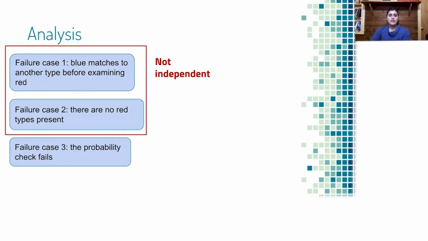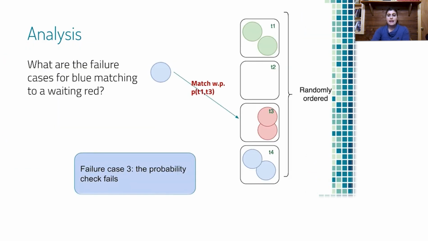So note that the first two cases are not independent of each other. This is tricky because if they were all independent, that would be great. We could just calculate the probability and the frequency of this event happening by looking at all the probabilities of the failure cases and working that out. But unfortunately, failure case 1 is dependent on the presence of particular types in the market, because of course, if there were no green types, then we wouldn't have had to worry about that event of it matching with a green type instead of a red type.